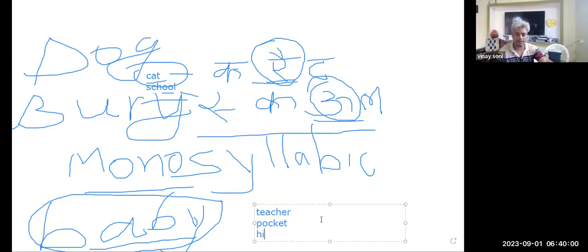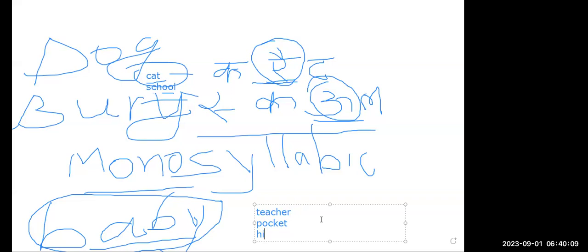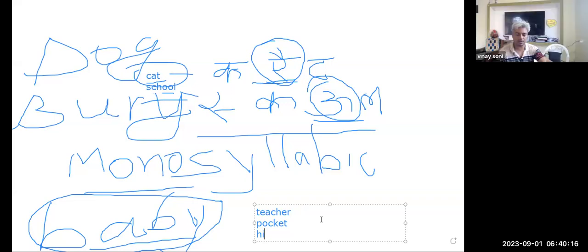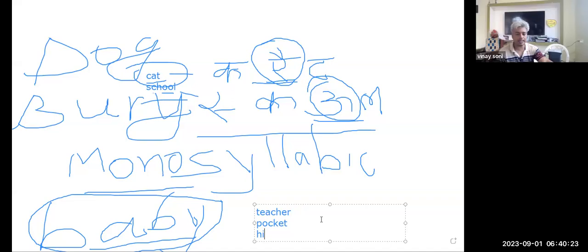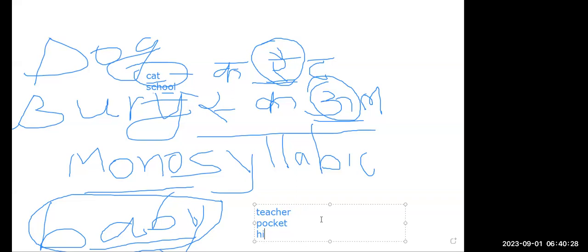Hi. This is the pronunciation of the word. How many vowel sounds do you think the word hi has? Juhi, how many vowel sounds? One vowel sound, sir. And what is that vowel sound? Hi.